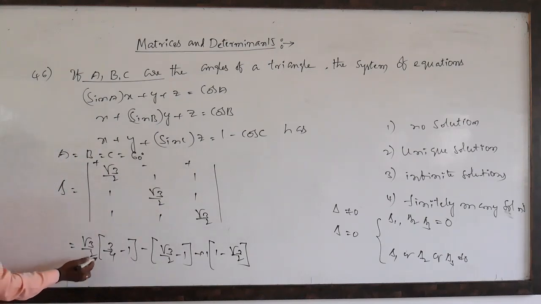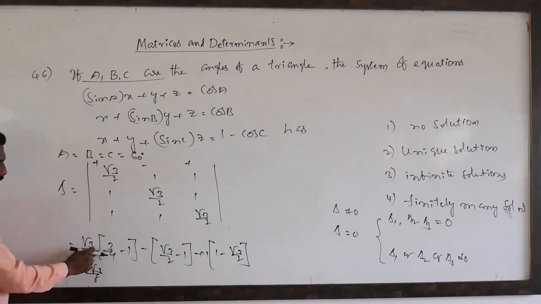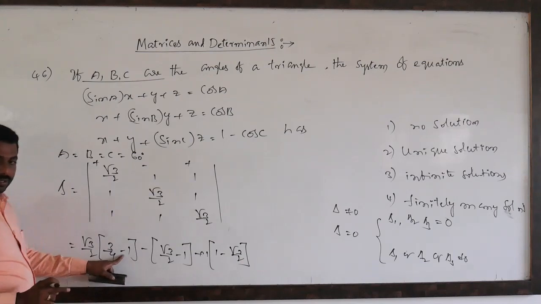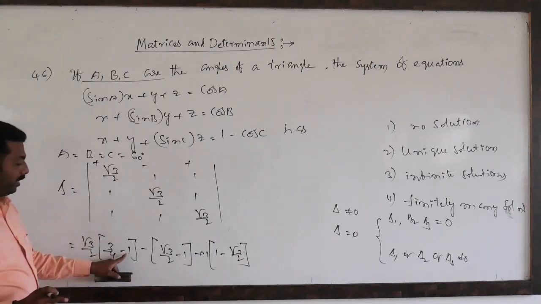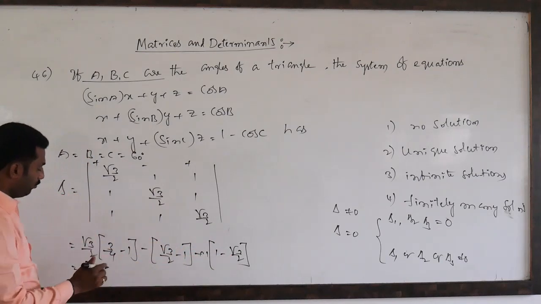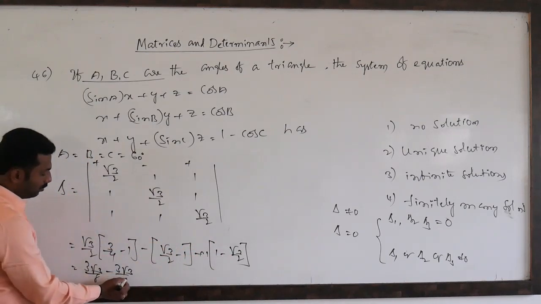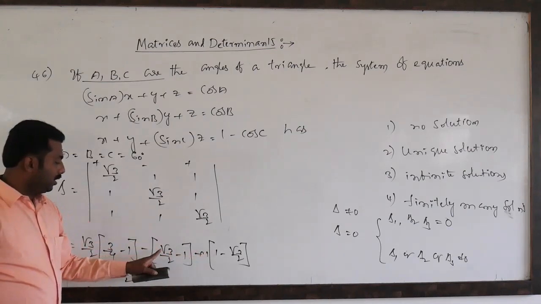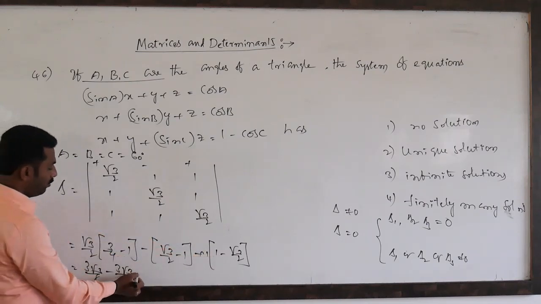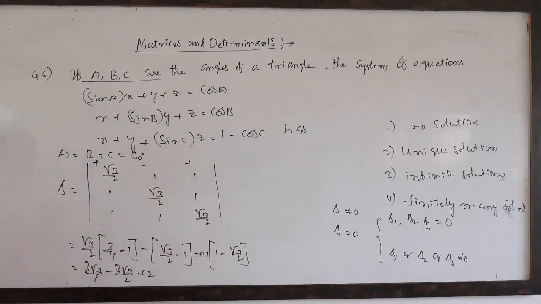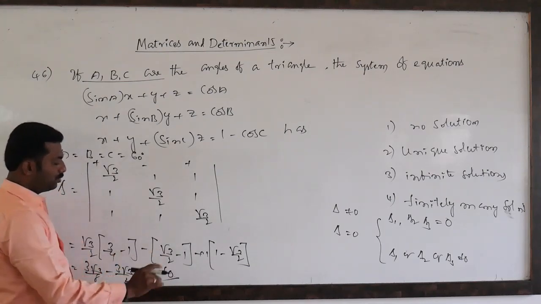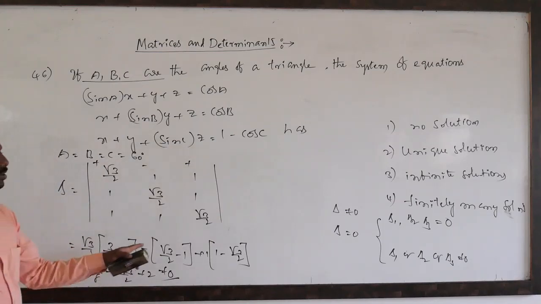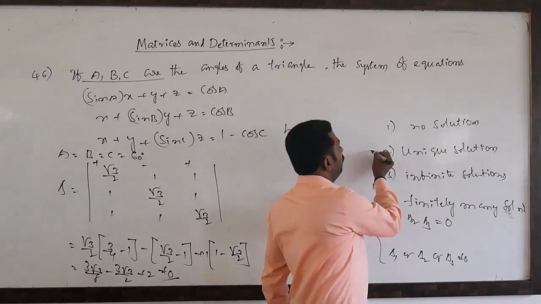Finally, this is 3 root 3 by 8, then minus root 3 by 2, minus root 3 by 2, minus root 3 by 2, which gives minus 3 root 3 by 2, and the remaining constants plus 1 and plus 1 make 2. So clearly this is not equal to 0. Not equal to 0 means delta is not equal to 0, so it has a unique solution.